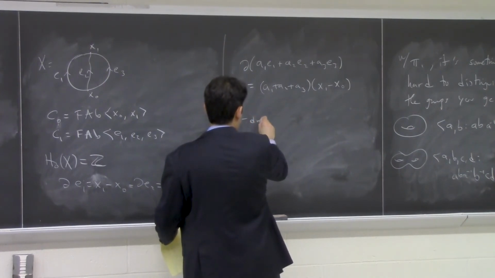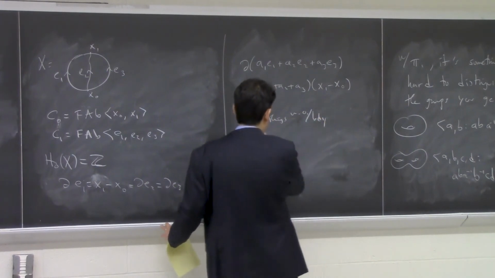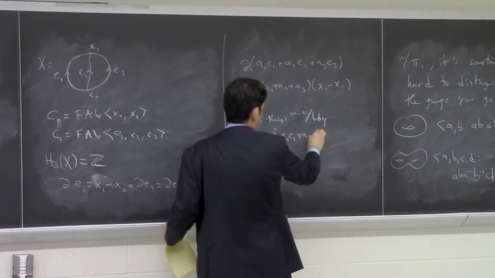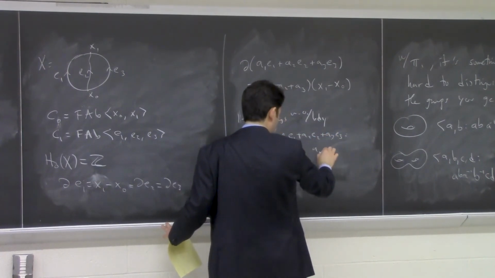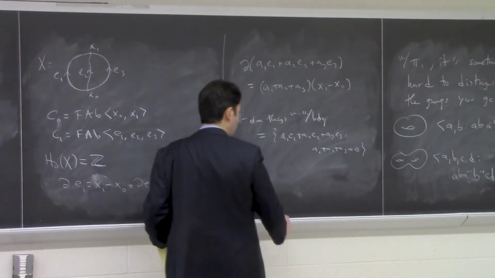So one-dimensional things without boundary, that is A1 E1 plus A2 E2 plus A3 E3, such that A1 plus A2 plus A3 is equal to 0.